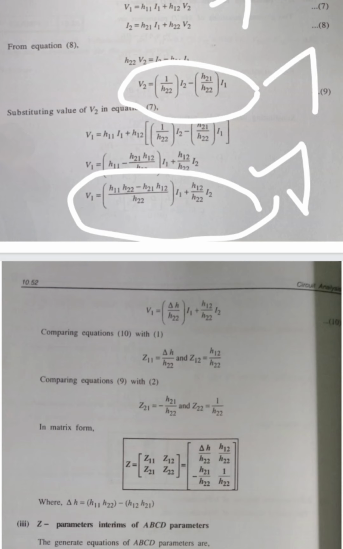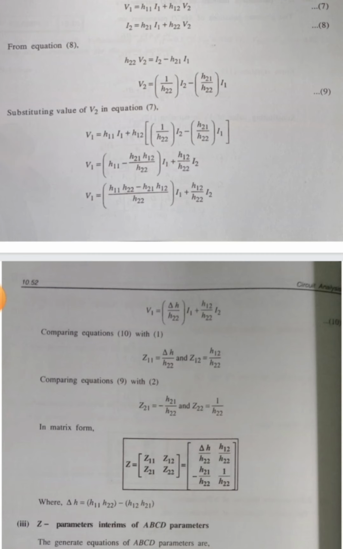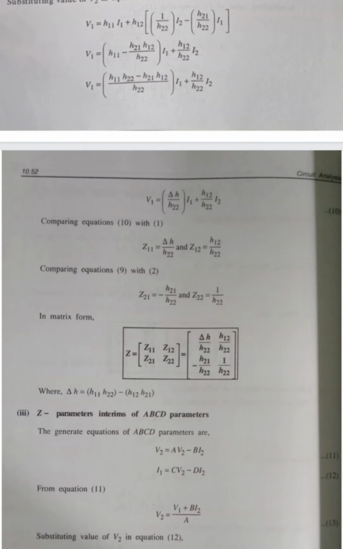We got v1 and v2. Now compare them with the z parameter equation, and we get the values of Z11 in terms of h parameter. Z11 is del h by h22. Z12 is h12 by h22. Z21 is minus h21 by h22. Z22 is 1 by h22. Okay, we got the values.